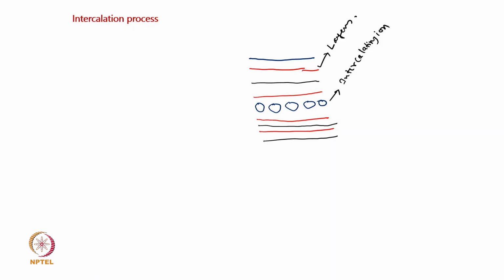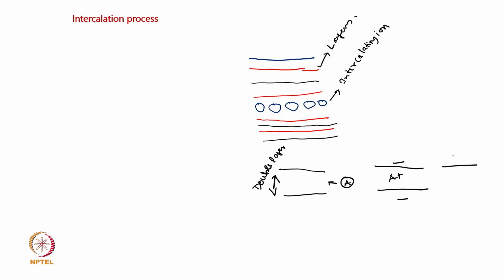If you look at the mechanism in a slightly basic way, I have a particular two layered structure, and I have an intercalating species A, and we are intercalating this inside this double layer. It may form in this manner. It can make these two layers negative and this positive, or these two layers positive and this negative.